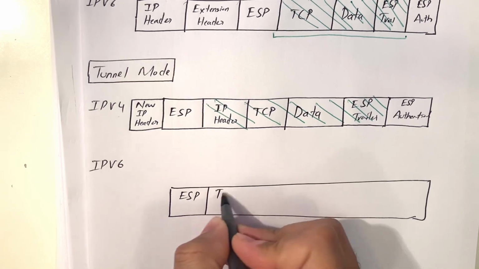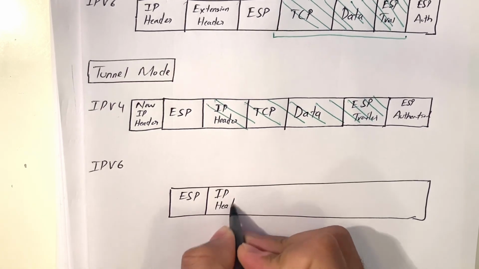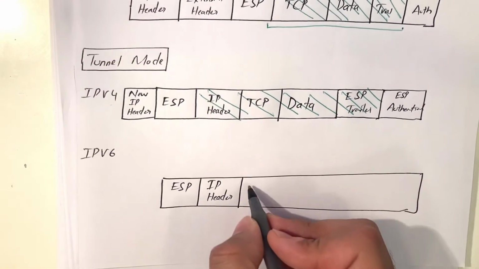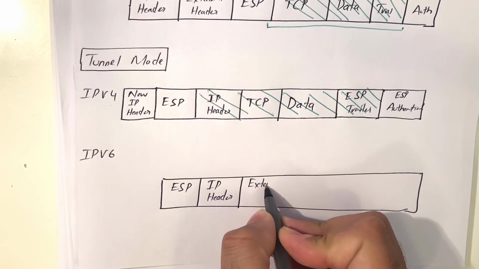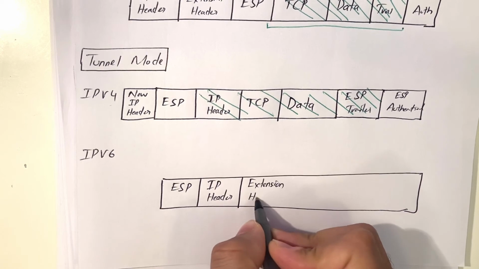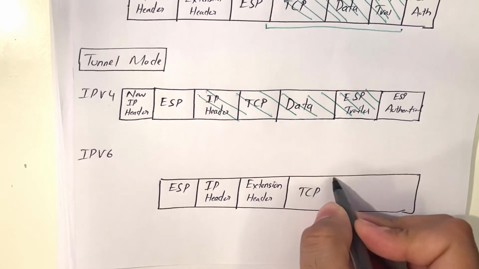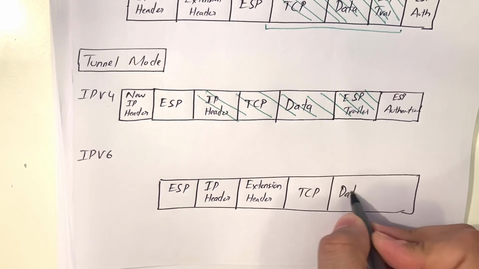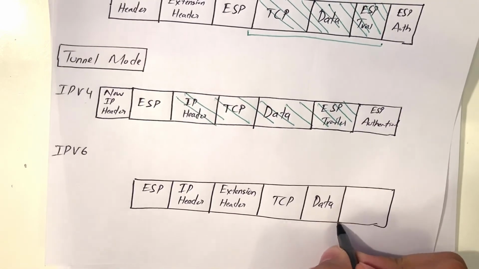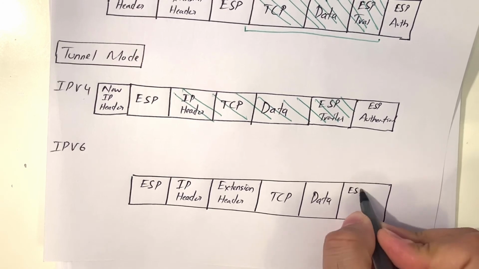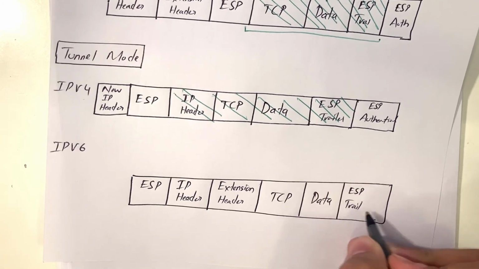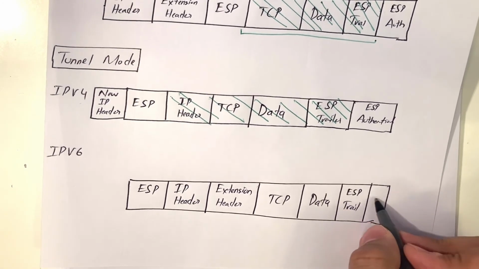After that, our IP header, then the extension header, then TCP, then data. Since the ESP is here, we have the ESP trailer to define where the data ends, then the ESP authentication.